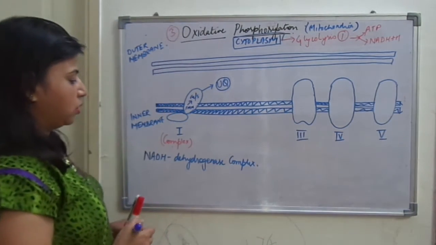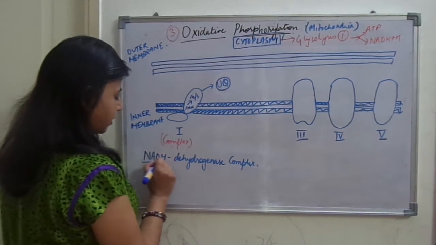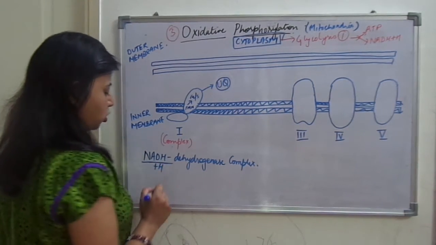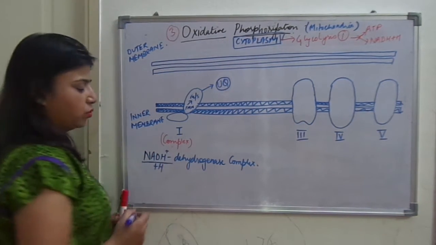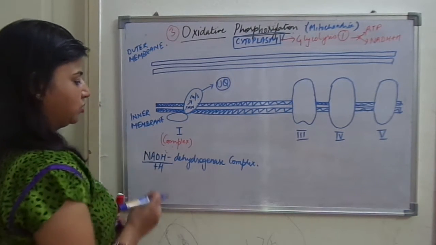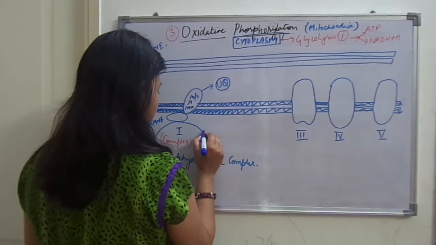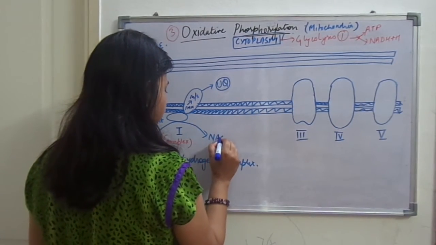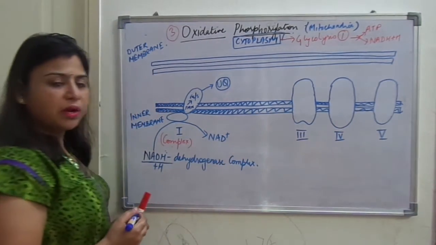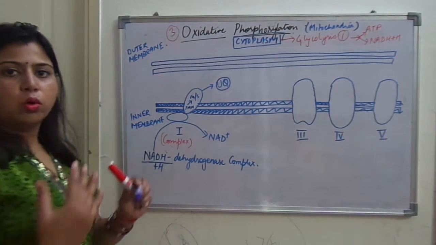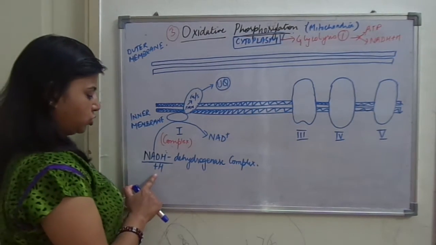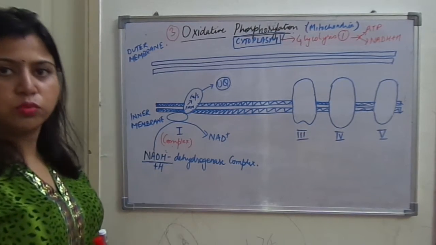This complex, what it does, it takes up NADH plus H molecule, which I had written before. It takes up this NADH plus H molecule and converts this entire NADH into NAD plus molecule. This NAD plus molecule will now go back to the Krebs cycle for generation of another NADH plus H molecule.